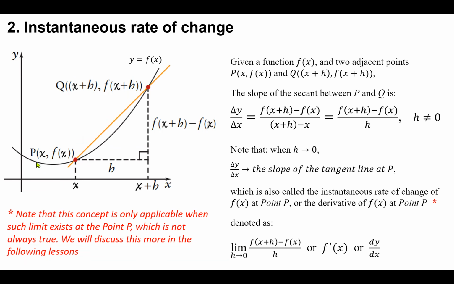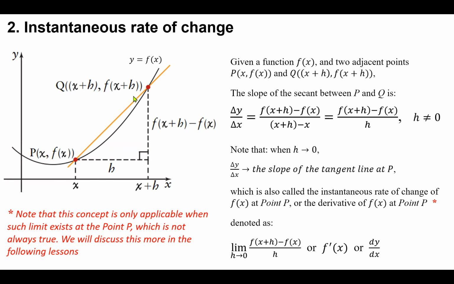So P is here with coordinates x and f(x), right? And h is the difference between the 2 x coordinates. Therefore, Q has the coordinates x plus h, then f(x+h).